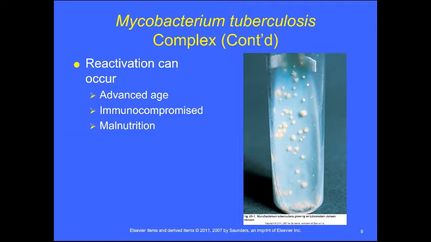Now, there could be a reactivation. So, pwedeng gumaling ka, tapos in the future, when you get immune compromised, or you have malnutrition, or pag tumanda ka, pwedeng bumalik yung tuberculosis. Sa mga bata, ang tawag dyan, primary complex.